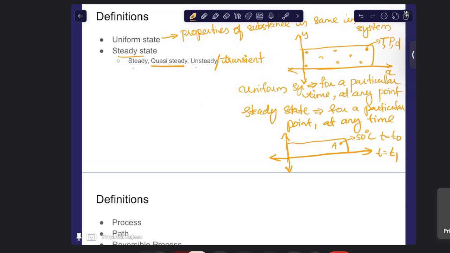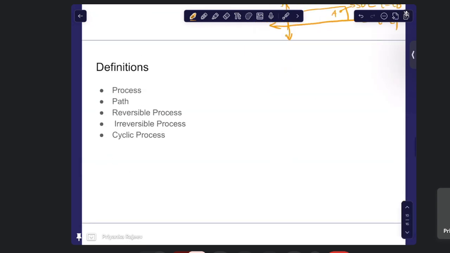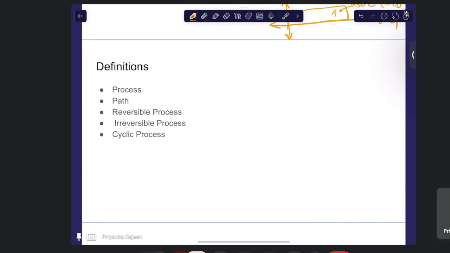Okay, now we have got something called process. So what is a process? Process means if you want to take a system from one state to another. Okay, so this is property P1 and property P2. With P1 and P2 we can define state 1 and state 2.